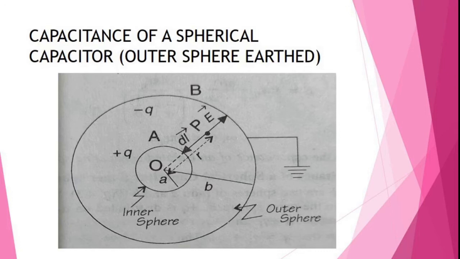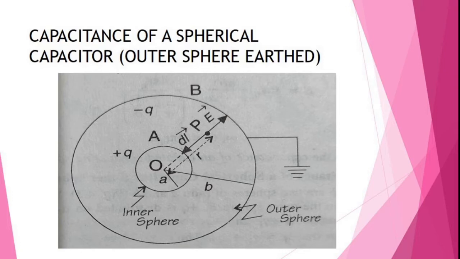O is the center of the spheres. We are considering a point capital P which is at a distance small r from O, and we are going to find out the capacitance of the spherical capacitor.